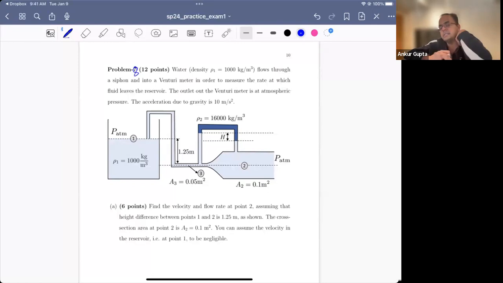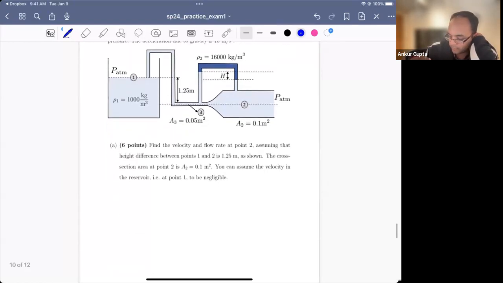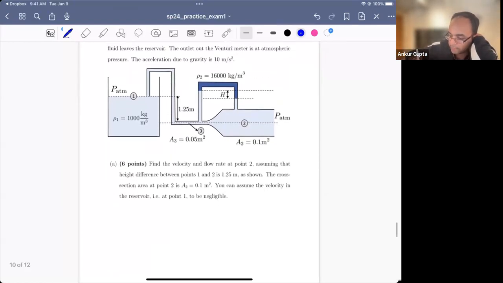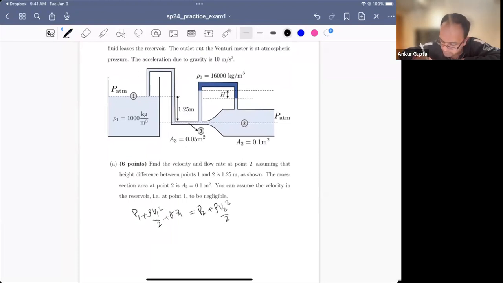So basically we have to find the velocity at point 2, and assume that the velocity v1 is negligible. So p1 plus rho v1 square by 2 plus gamma z1 equals p2 plus rho v2 square by 2 plus gamma z2.